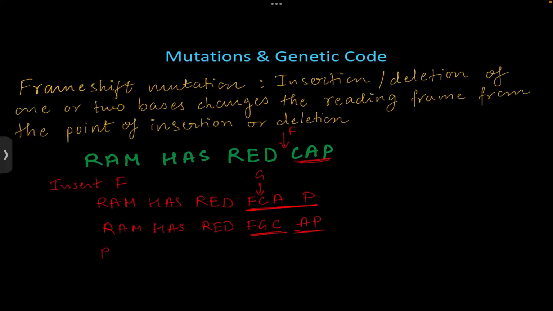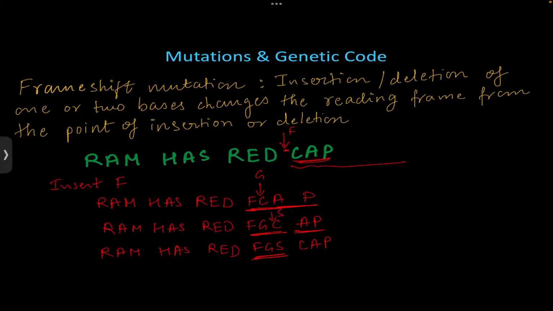Now again insert another letter at any random point, say here, a letter S. If you notice what has happened, at the point of insertion of the first letter F, the meaning of the subsequent sentence gets completely altered.